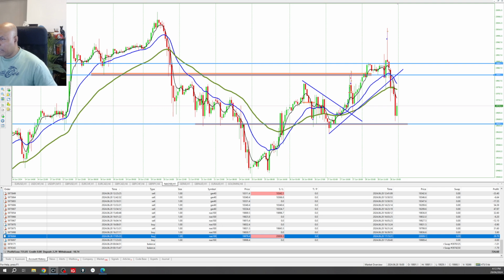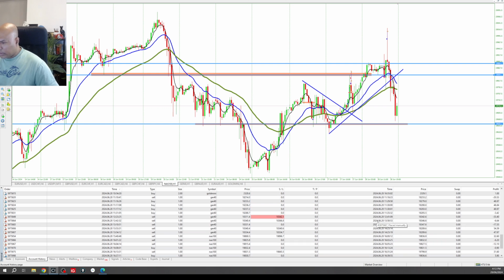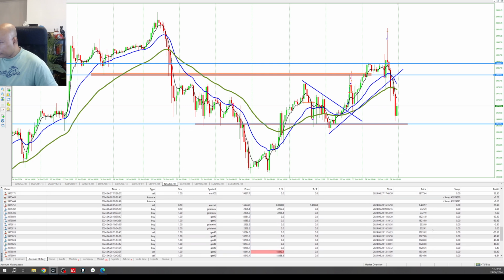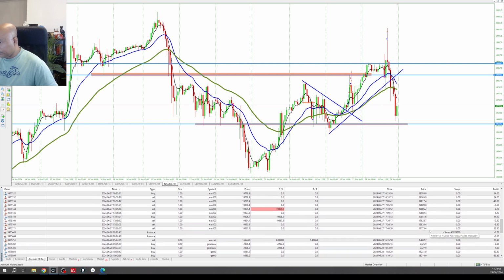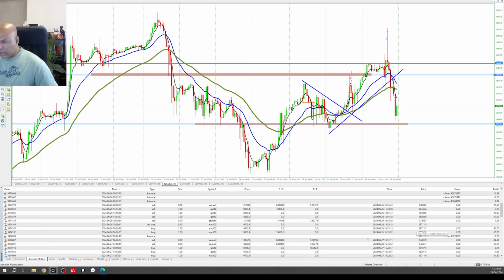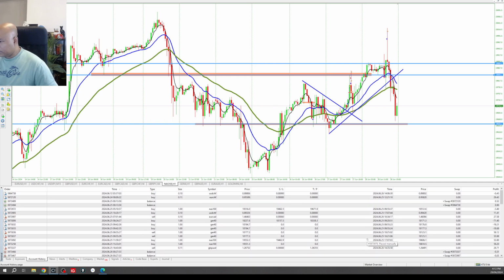So my way of trading, as you can see, is mostly scalping, with a lot of very small trades, and some of them are 50 pips, 60 pips. I keep the losses small and let the profit run.